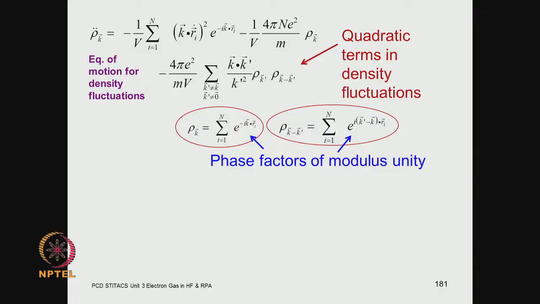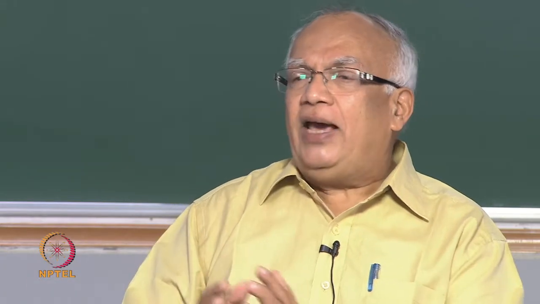Okay. So, what you are really doing is adding these phase factors of modulus unity. When you multiply any sinusoidal function by another sinusoidal function, like a sine theta and a cosine phi, both have got values less than or equal to 1.